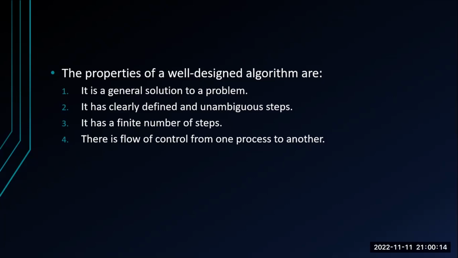And to expand on this point, that finite number of steps should also be efficient. So it shouldn't be what is called spaghetti code, or code that is just jumbled up, a lot of code that does nothing and adds nothing to the program.